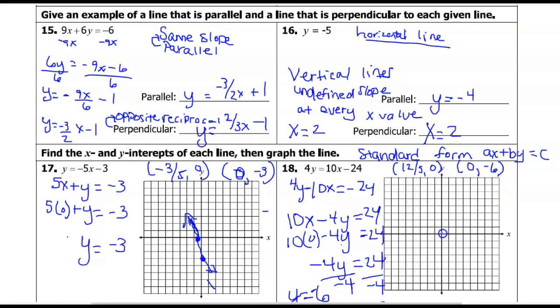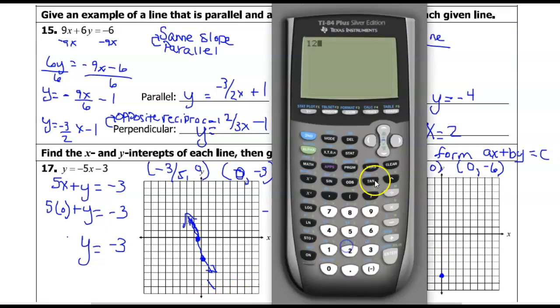And let's go ahead and plot that. -6. 1, 2, 3, 4, 5, 6. So we got a y-intercept right here. And let's plot the 12/5. 12 is a little bit greater than 10, so we know this is a little bit above 2.